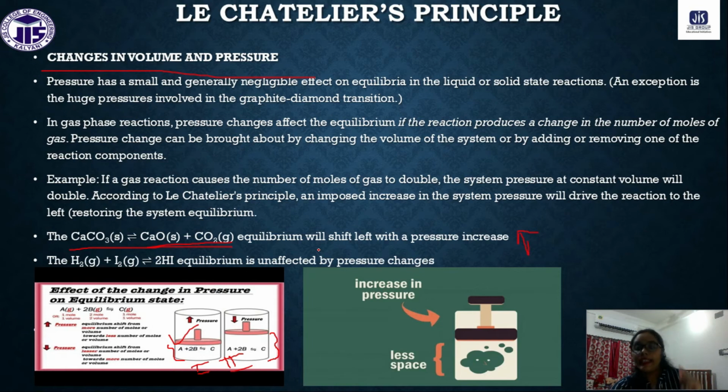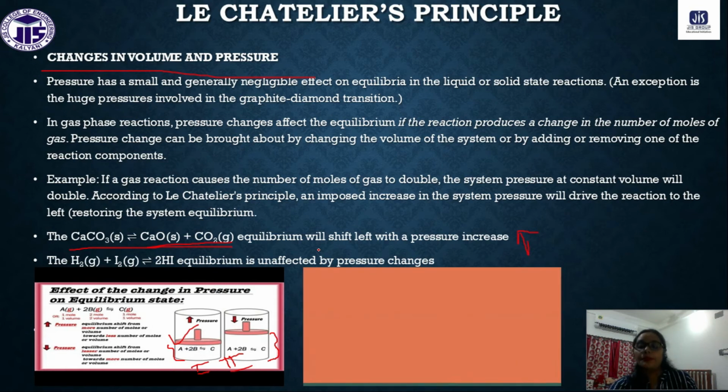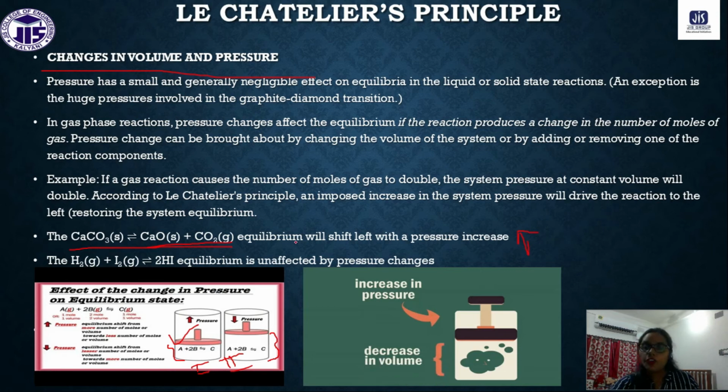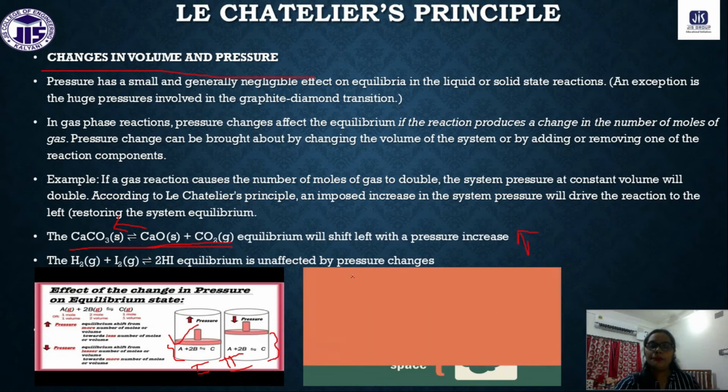That means fewer particles can be accommodated in that smaller volume, so the backward reaction will be followed. Because in the backward reaction, from two molecules we are having one molecule. So calcium oxide and carbon dioxide will combine and form calcium carbonate, so that whatever pressure we have added can be minimized.